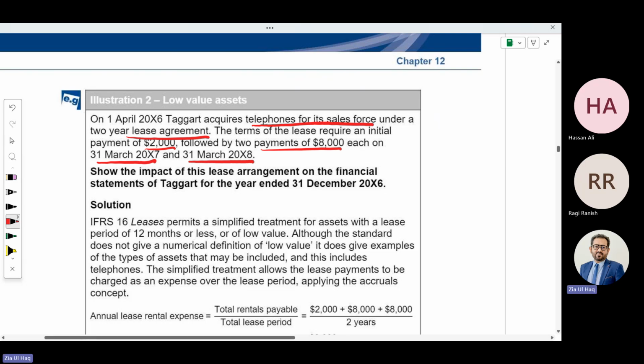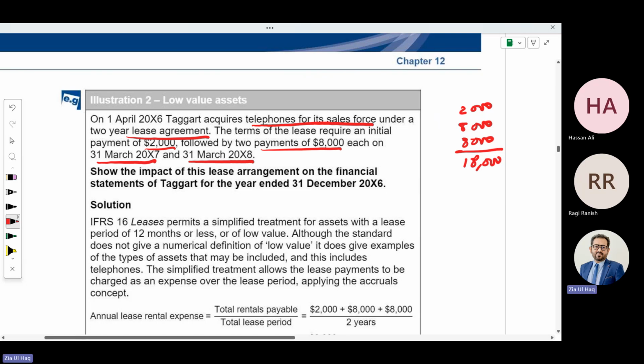What's the total amount? 8,000 plus 8,000 plus 2,000. 2,000 that you have initially paid, 8,000 that you will pay at the end of year 20x7, and 8,000 at the end of year 20x8. So altogether 18,000 is the value.